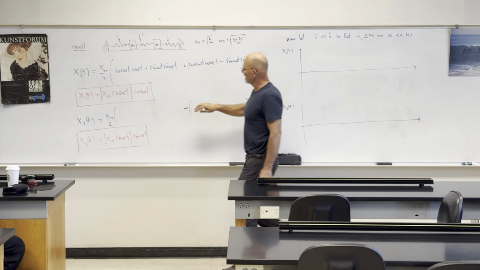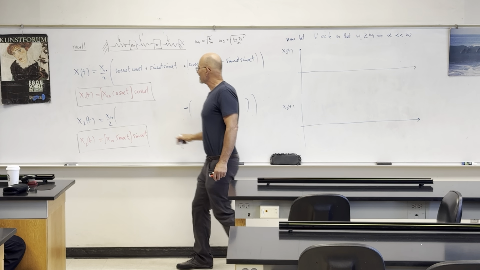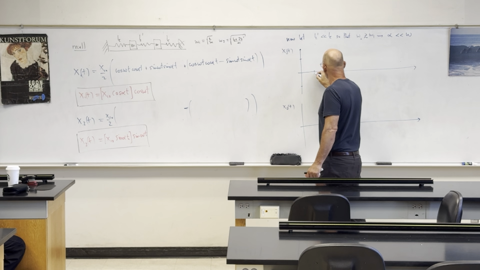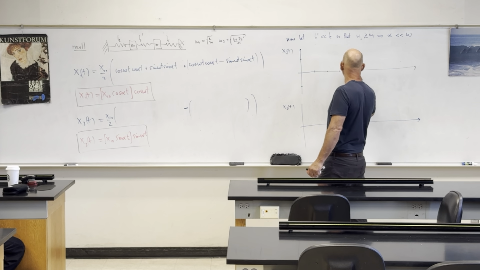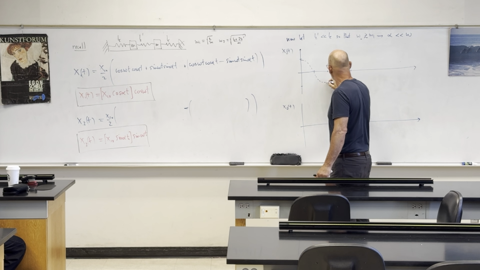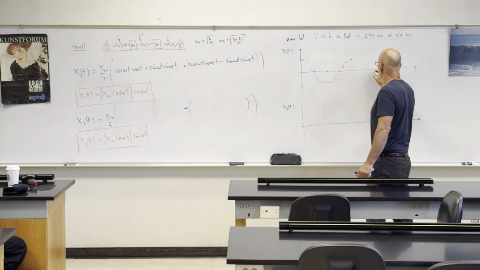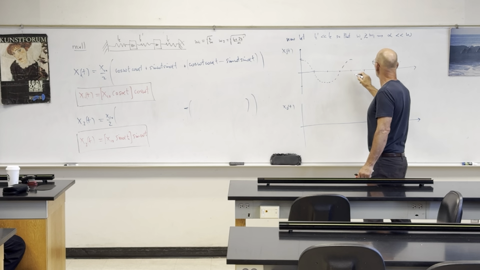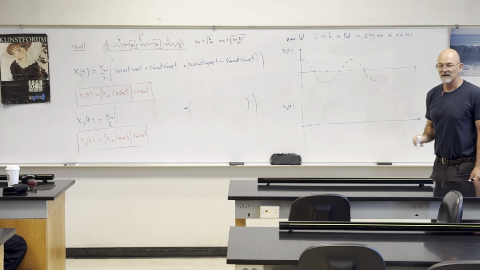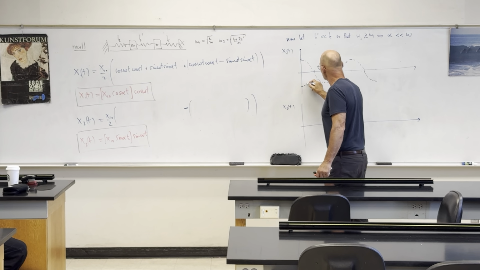So if we just ignore this for a moment and graph the square bracket, we would have a cosine. So there's my x1, 0, and 1, 2, 3, 4. That will be a complete period. And then I could do a couple more for good measure. Okay? And what we'll do is make this envelope like this.